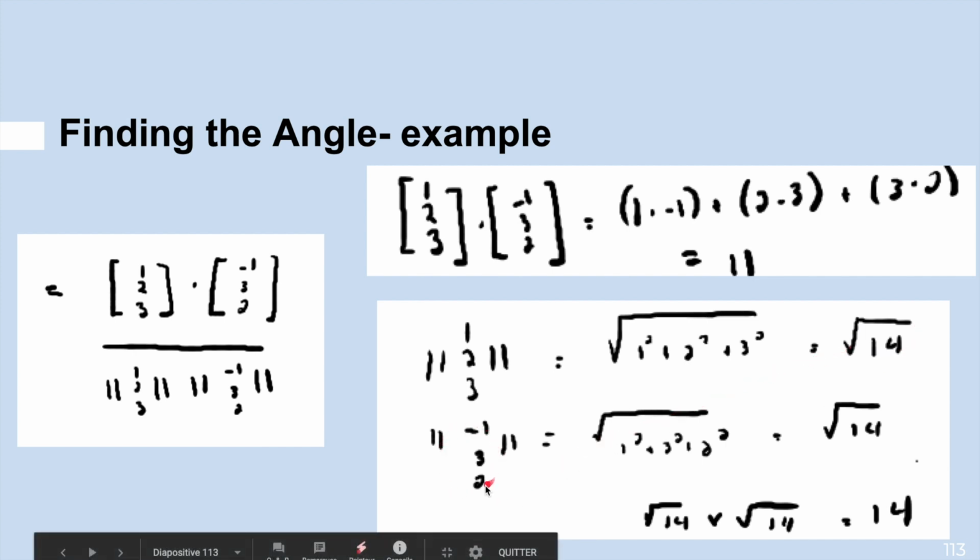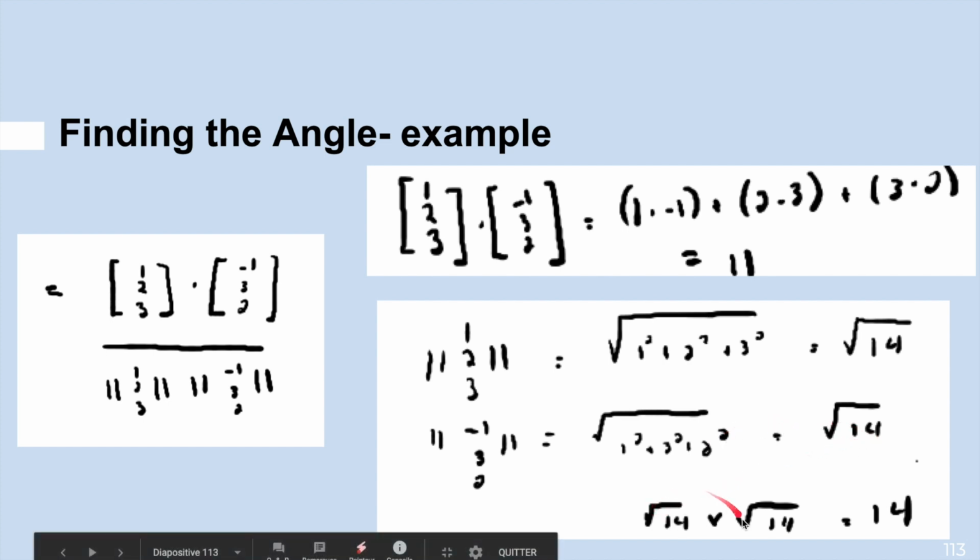Now for the bottom part, we need to find the norm of both of these. So the norm of 1, 2, 3 is the square root of 1 squared plus 2 squared plus 3 squared, and that is the square root of 14. Here we have -1, 3, 2, same thing, square root of -1 squared, it's going to be the same, plus 3 squared plus 2 squared is equal to the square root of 14.